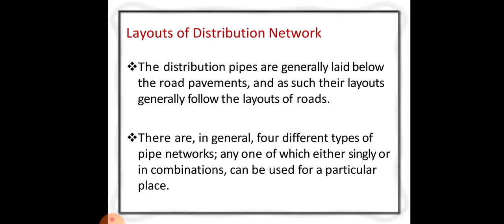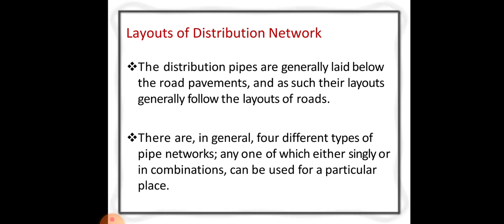Now coming to the layouts of a distribution network, we see that the distribution pipes are usually laid below the road pavement, and the layouts usually follow the layout of the road. So how the road is laid, it is the same pattern that the distribution pipes are also laid.